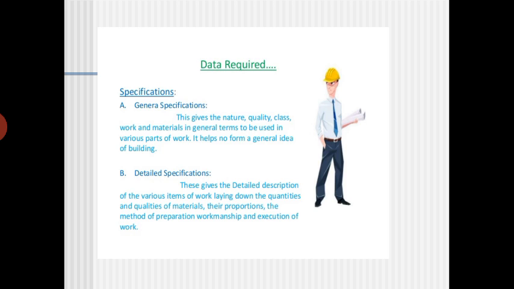Here we are not covering what will be the ratio, only the item works we are covering. Detailed specification involves the detailed description of various items of work, laying down the quantities and qualities of the materials and their proportions, and the method of preparation, workmanship and the execution of the work.